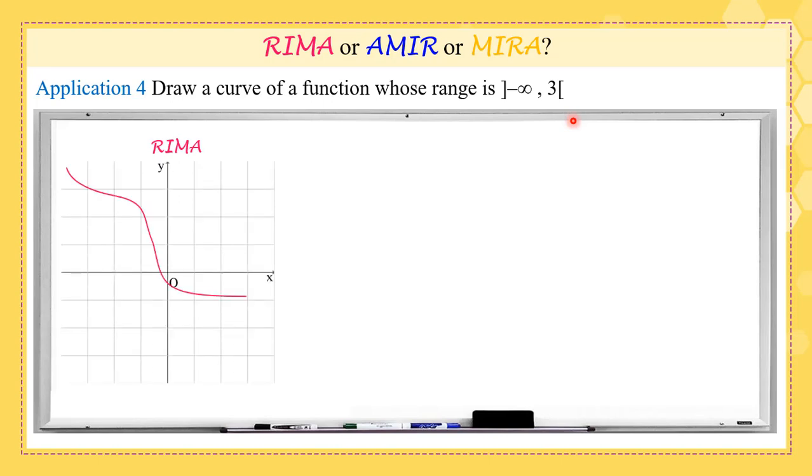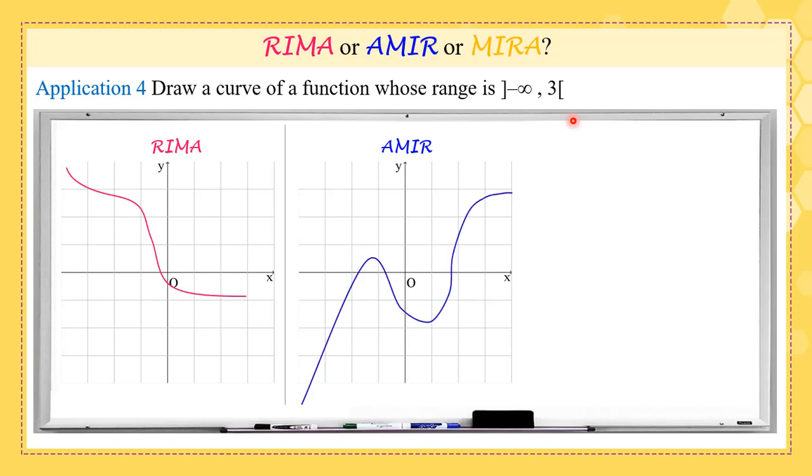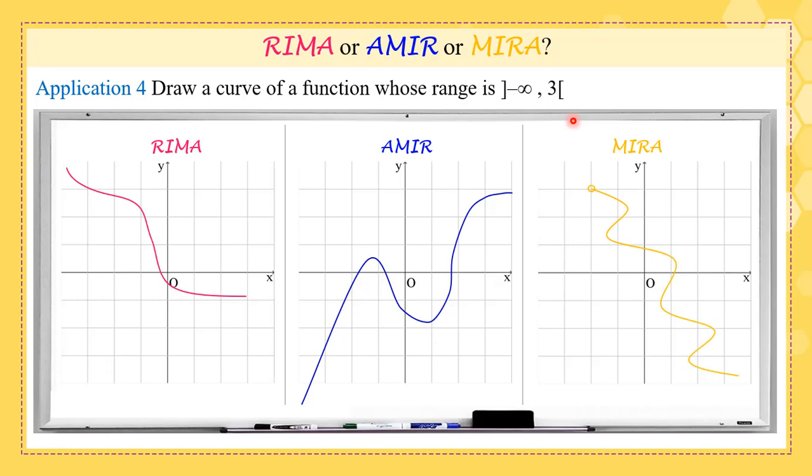Rima drew this curve. Amir drew this curve. And Mira drew this curve. Remember, the question is, we need to draw a curve whose range is negative infinity 3.